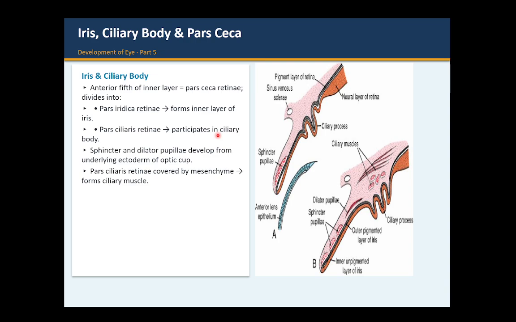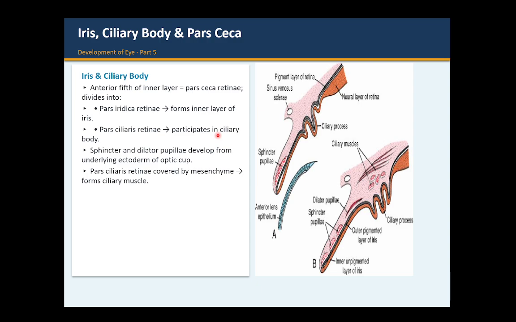So your sphincter and dilator pupillae muscles are basically ectodermal in origin, because they are coming from the posterior part of the retina, which is moving forward. The inner part of the cup, as it moves forward, is going to give rise to the iris, and it is also going to give rise to the ciliary body.